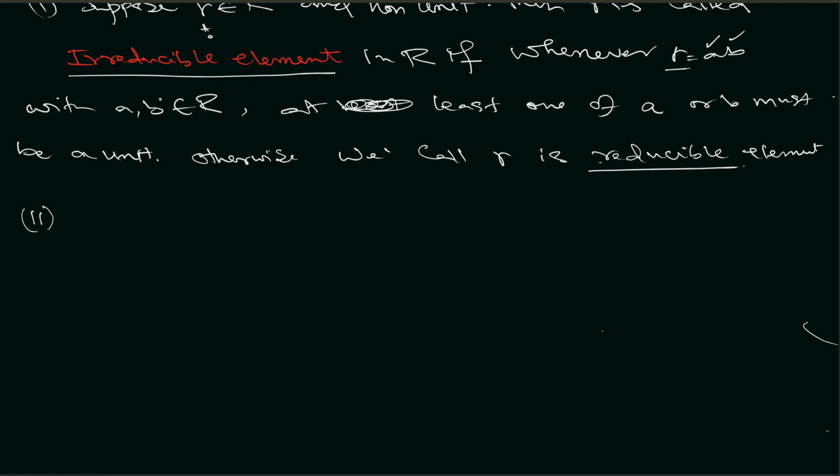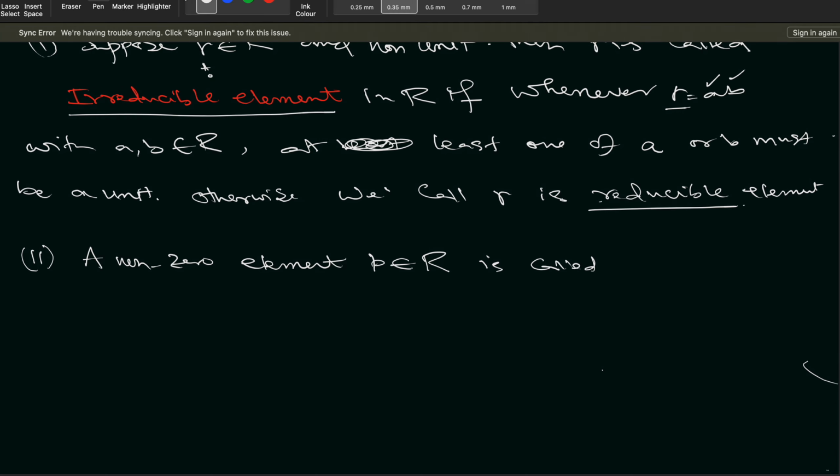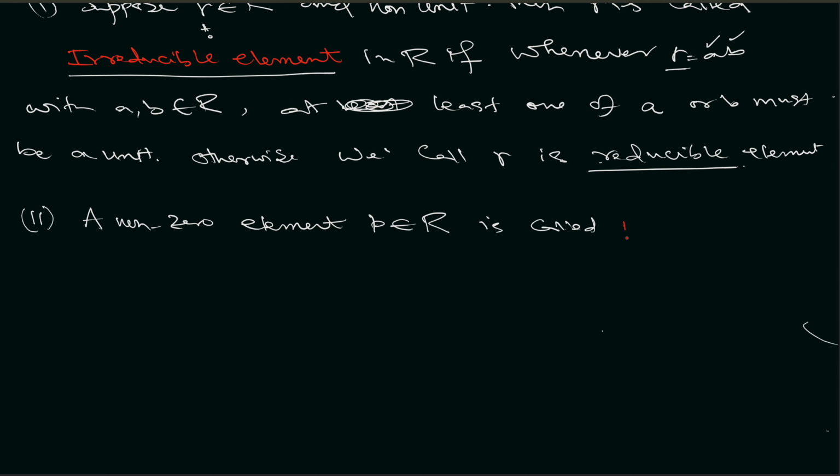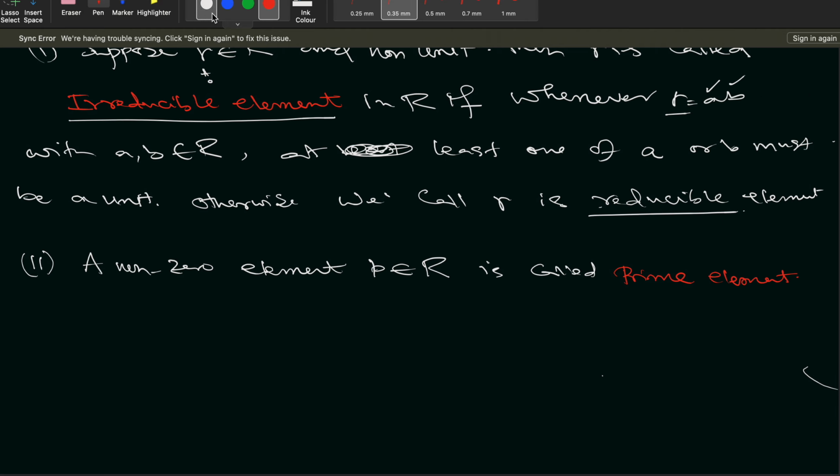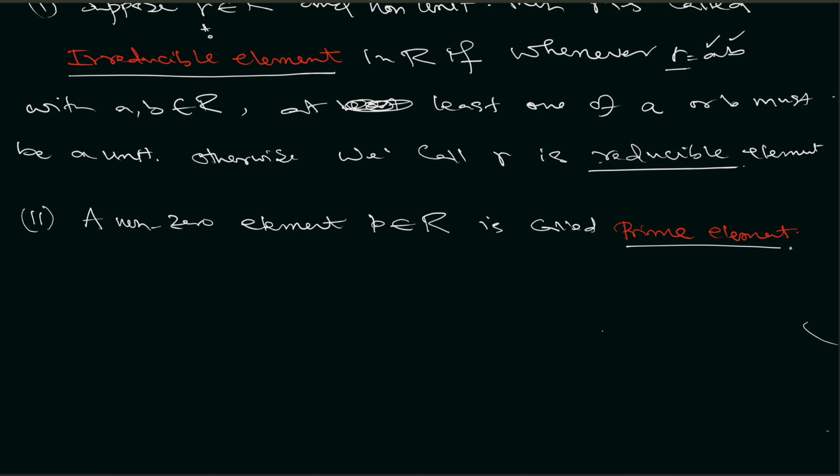A non-zero element p inside the ring R is called a prime element in R if the ideal generated by this p is a prime ideal.